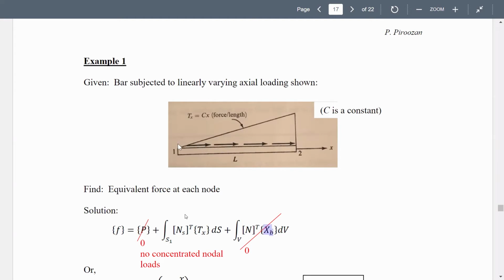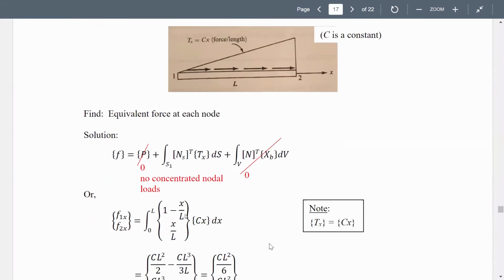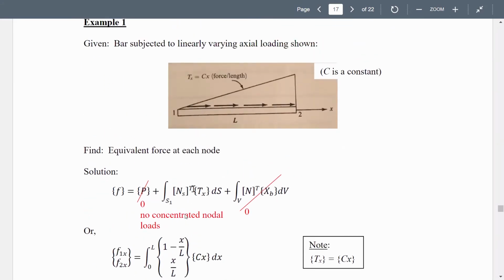It's just force per unit length. It is just this one, traction. There is a force applied, but instead of force per unit area, it is per unit length. It doesn't matter, it's a force along the length. So we don't have this one. We have only this one.